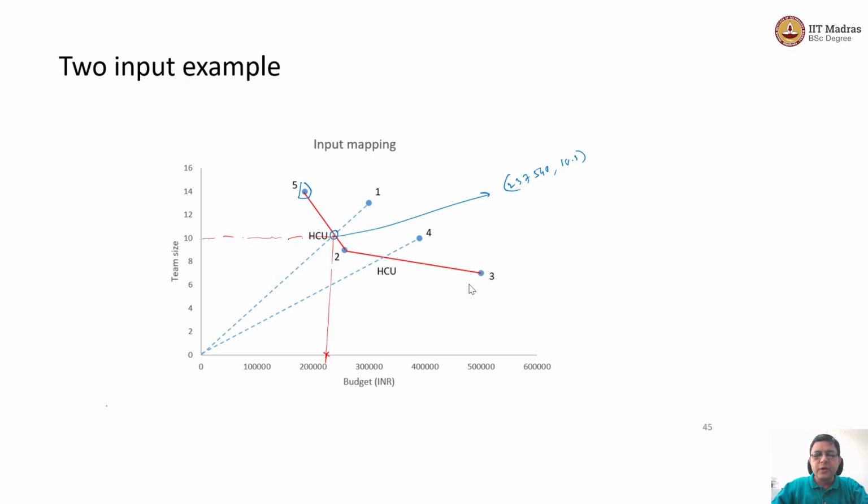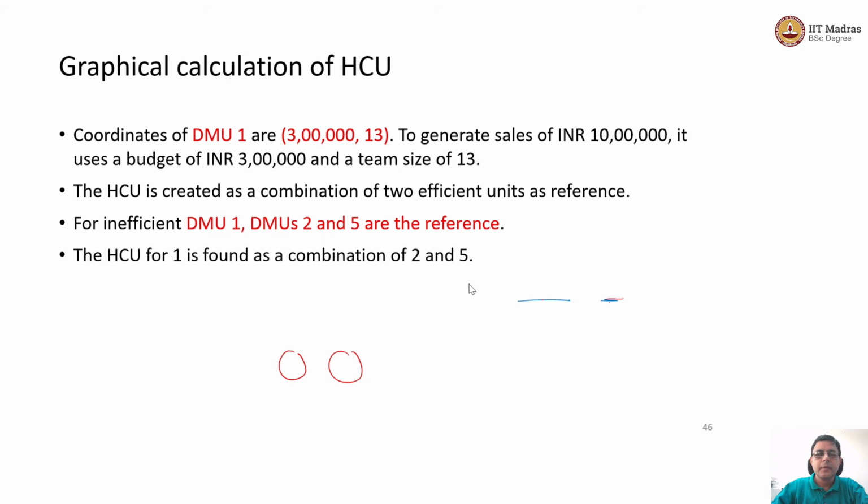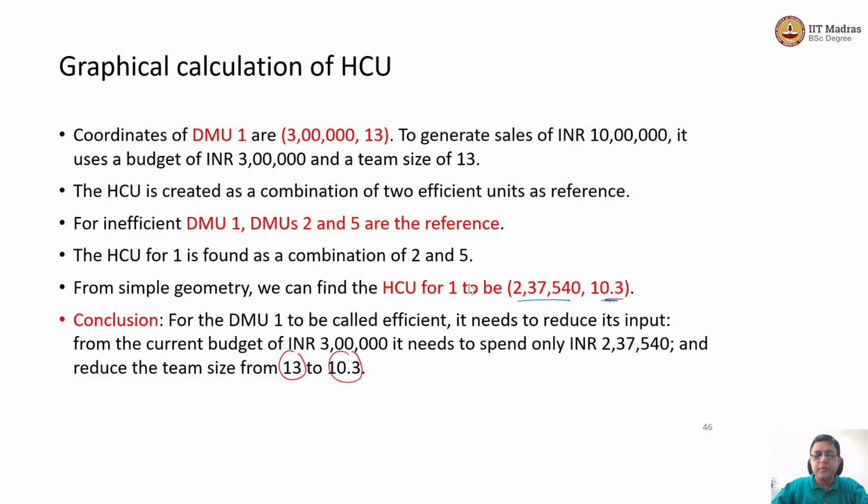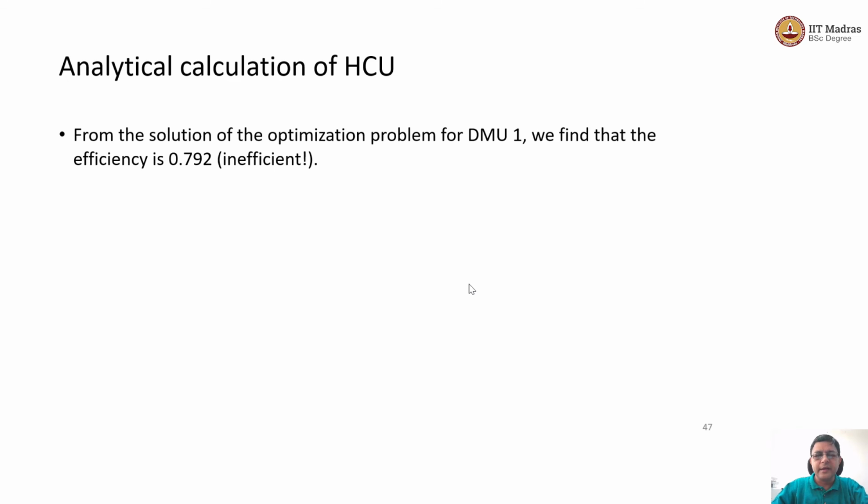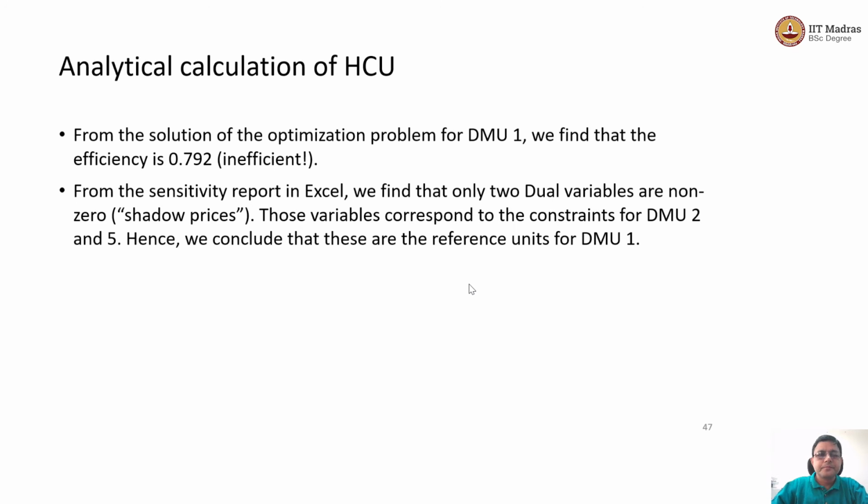We are going to use those dual variable values to identify the coordinates of HCU for DMU1. This was already done for DMU1 using geometry; let us do it using the analytical method. We are going to use shadow prices, and we realize that there are only two non-zero dual variables for the inequalities.